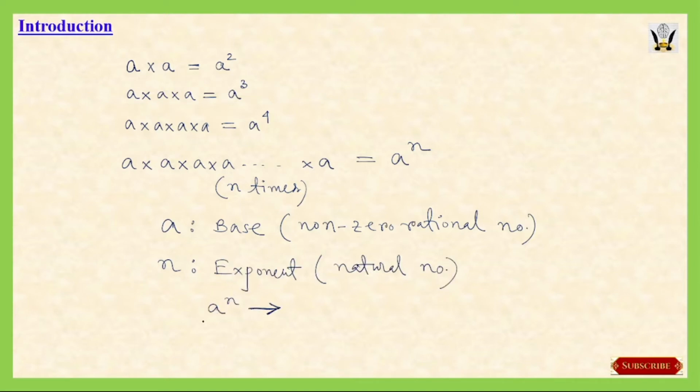This is pronounced as a raised to the power n, or sometimes in short as a to the power n, and we also call this the nth power of a. Next we will learn about various laws of positive integral exponents.